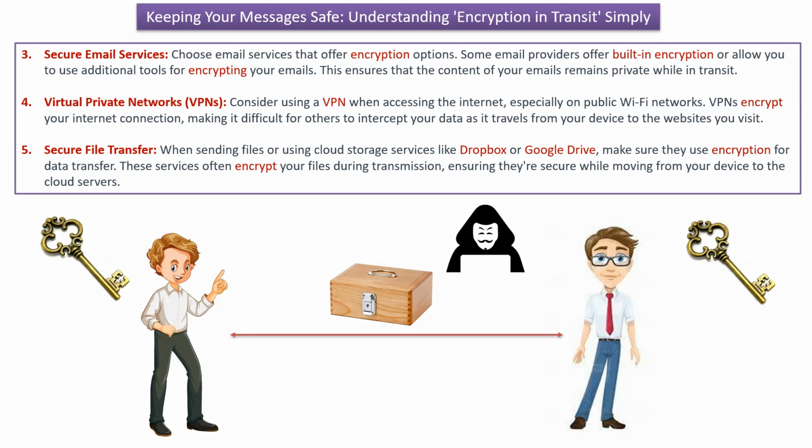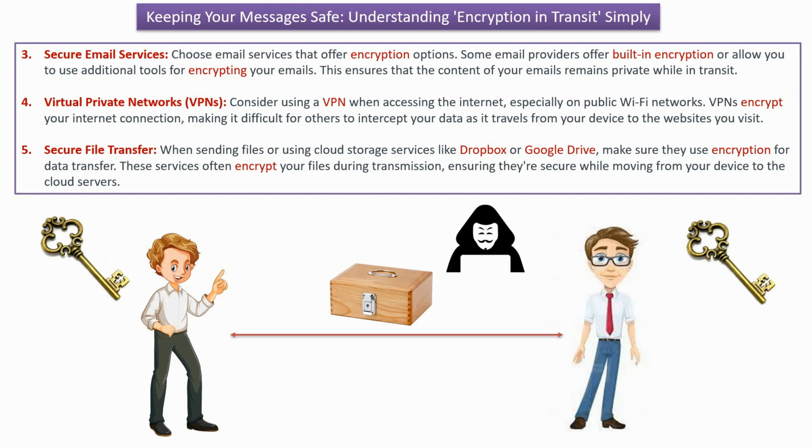The fourth point is virtual private networks, which is nothing but VPN. Consider using a VPN when accessing the internet, especially on public Wi-Fi networks. A VPN encrypts your internet connection and makes it difficult for others to intercept your data as it travels from your device to the websites you visit.